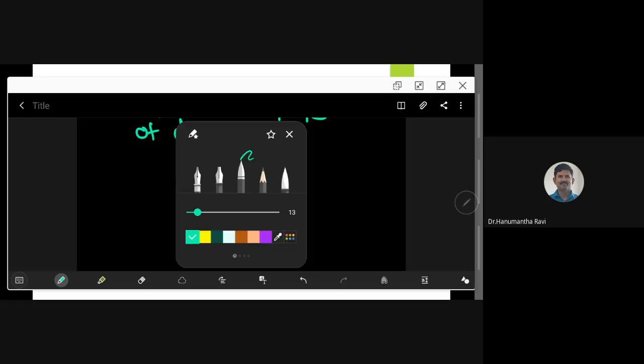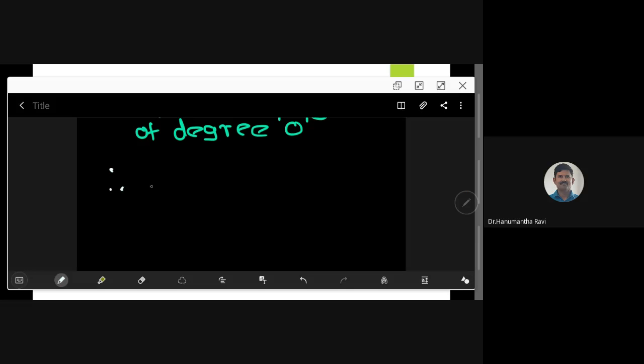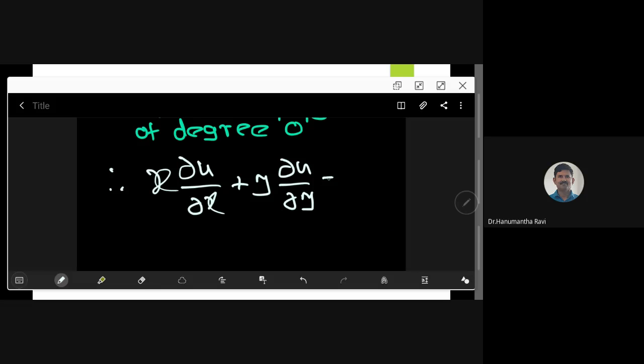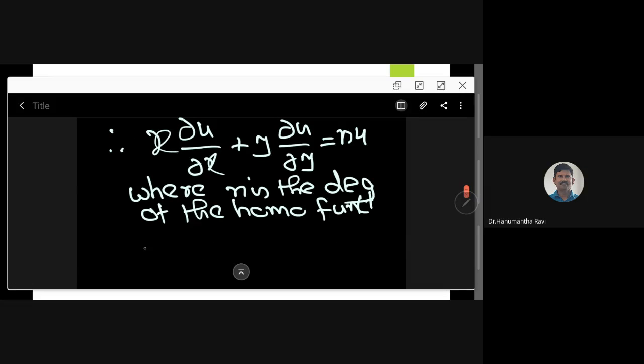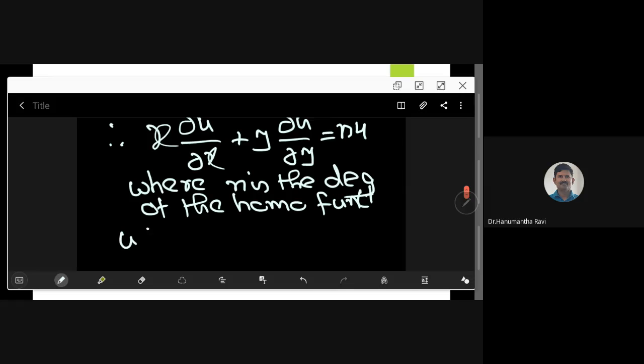Therefore, x dou u dou x plus y dou u dou y is equal to n u, where n is the degree of the homogeneous function u of x, y.